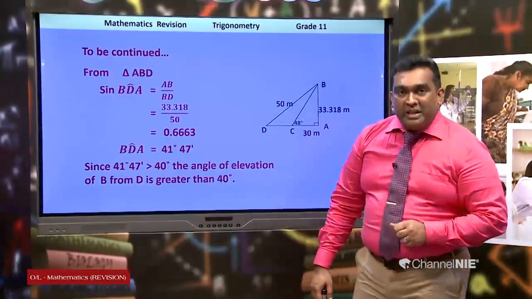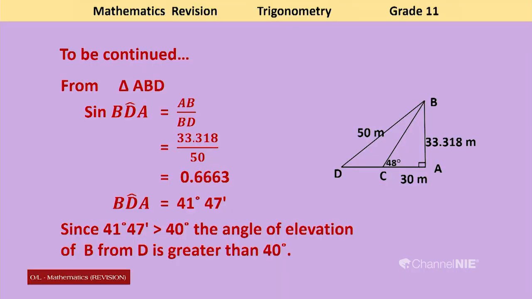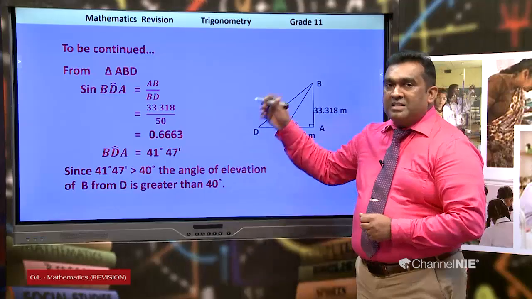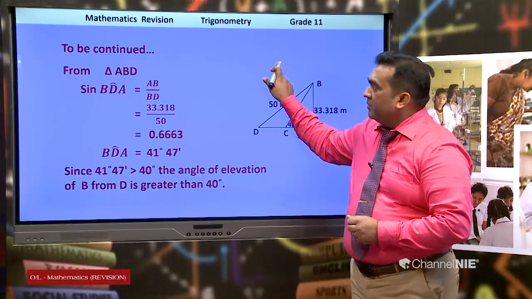What is the corresponding angle? Angle BDA is equal to 41 degrees and 47 minutes, right? Because 41 degrees 47 minutes is greater than 40, the angle of elevation of B from D is greater than 40 degrees. Right, we will see the next question.